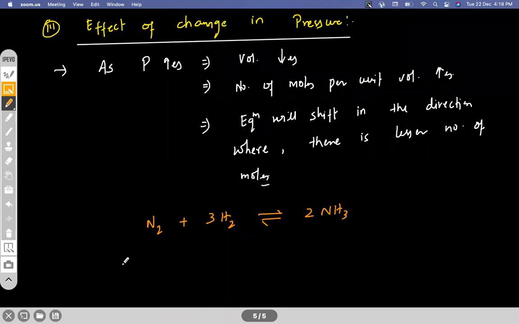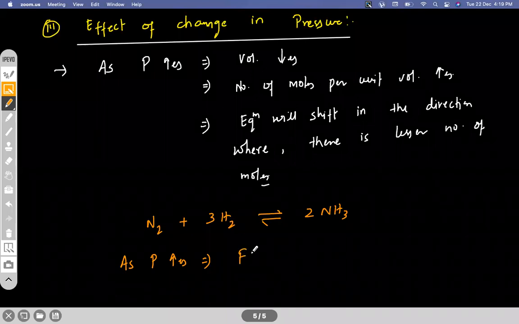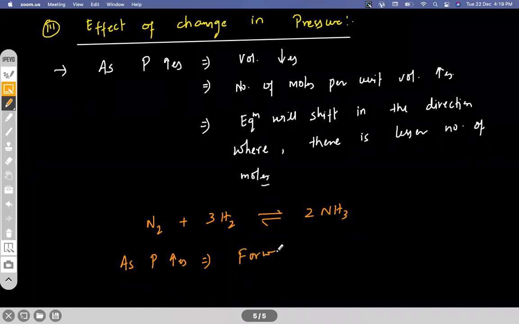Here we have 2 only. So as pressure increases, the equilibrium will shift in the direction where there is a lesser number of moles. It means it will be a forward shift over here. Got it? Right? So like this also you can do.